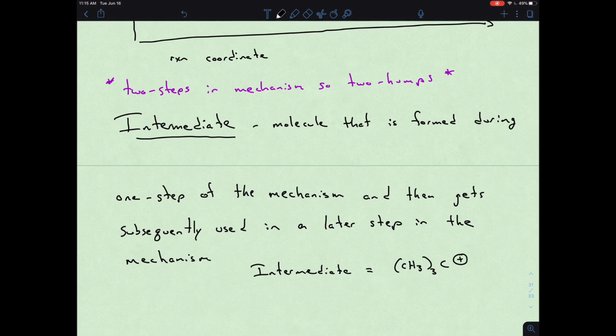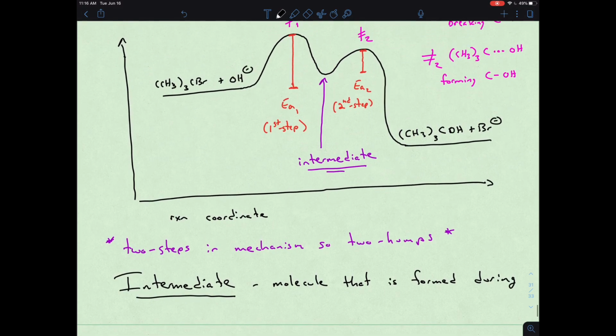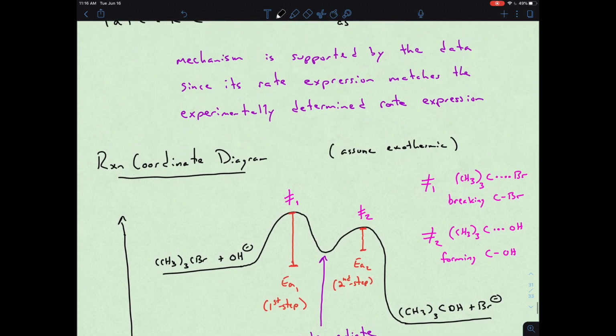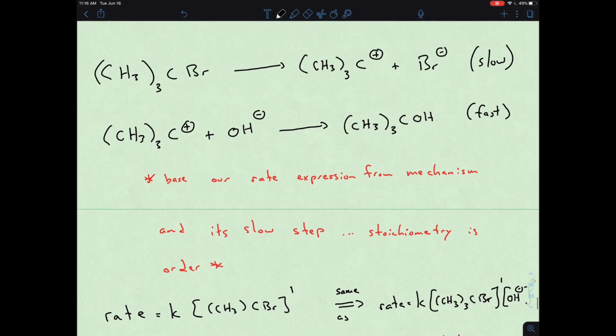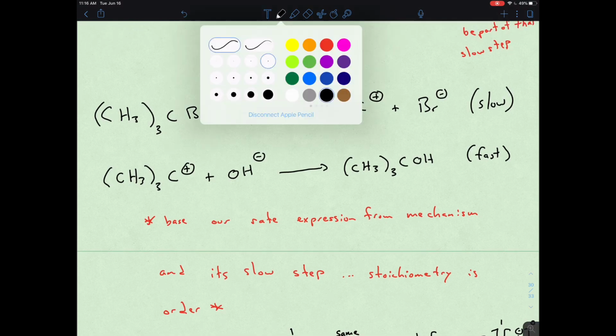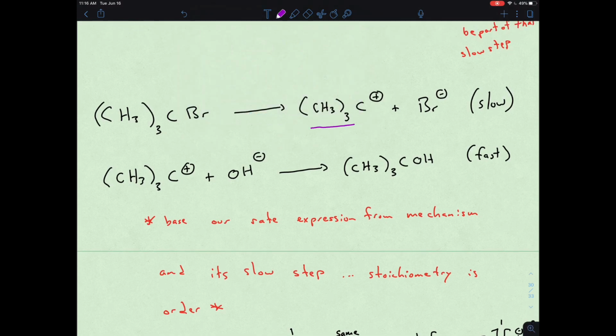If we go back to our mechanism, we find that this is produced and then it's used. And so there's the nature of the intermediate, right?